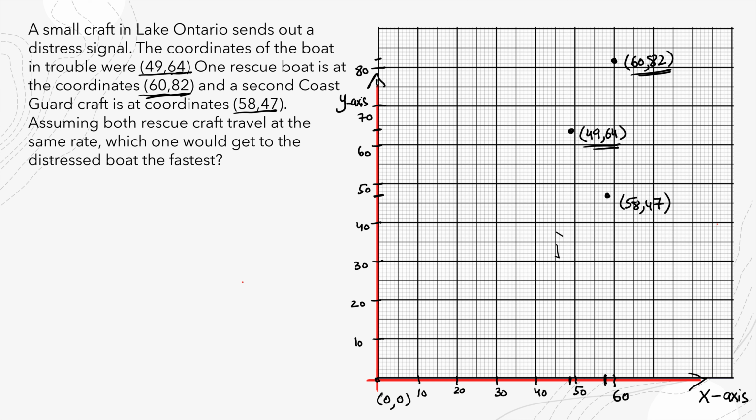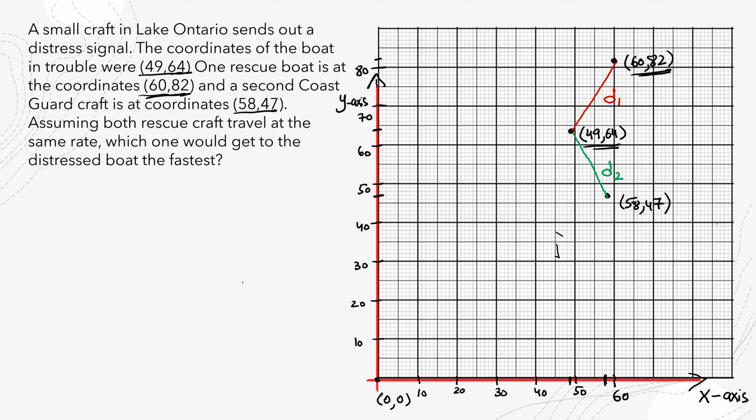Now we are looking for the distance between these. Let's say here I give it a variable d1, that is the first one, and for the second one give it d2, that is the distance between the second boat and the small craft that is in trouble.